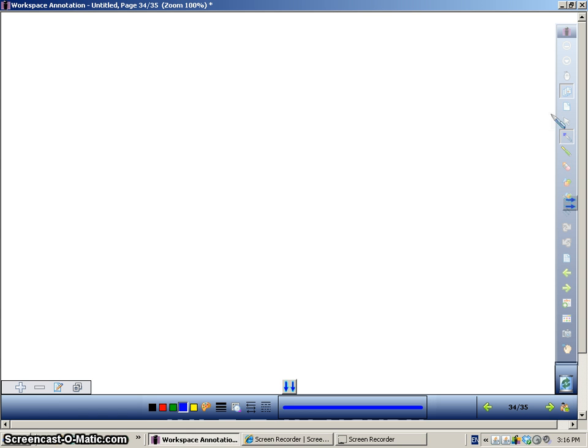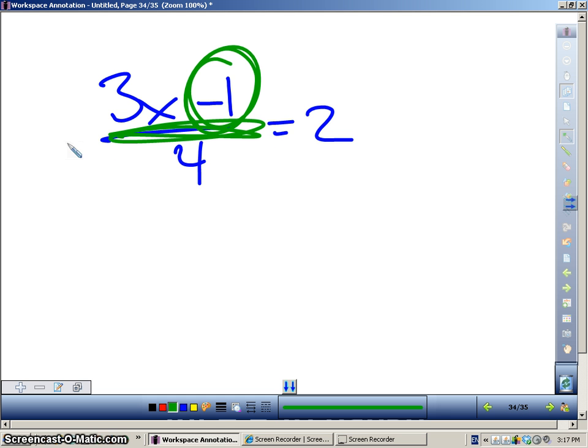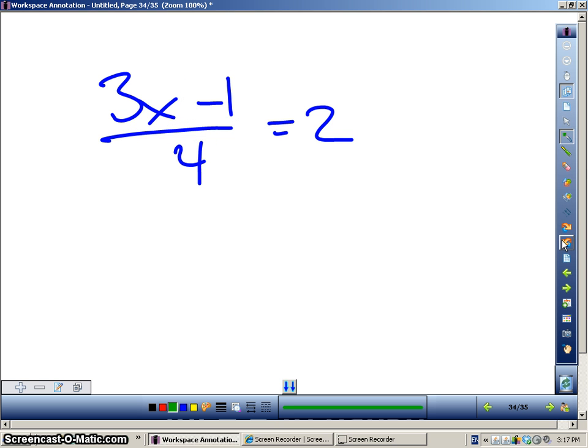I've got 3x minus 1 divided by 4 equals 2. Typically, and like I did in the last step, I try to do my adding and subtracting first, but I can't because it's divided by 4. So I need to move that 4, get it out of the way so that I can add the 1. So the 4 is dividing all of this up on top.